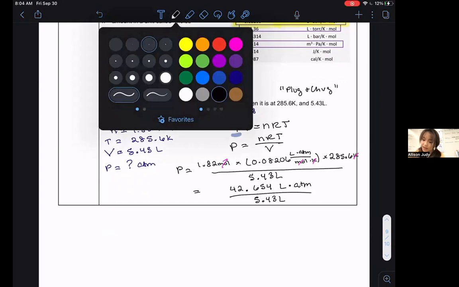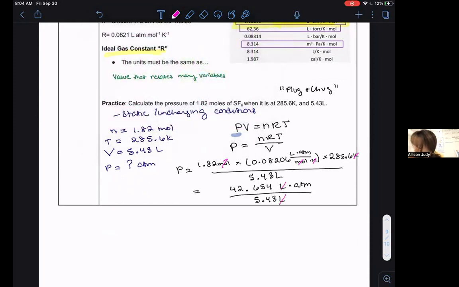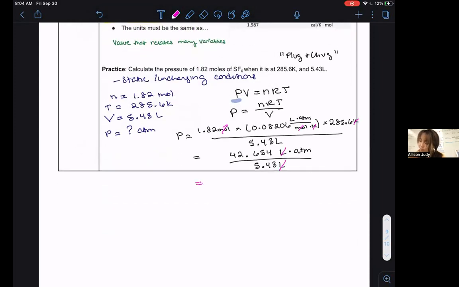My liters cancel, and my final value is that for the static condition of sulfur hexafluoride gas, the pressure under these conditions would equal 7.86 atmospheres. And notice when I track my units, I am only left with atmospheres, so I know that I set up my variables correctly.